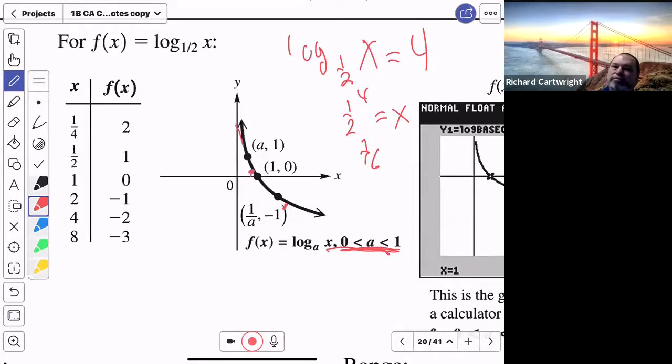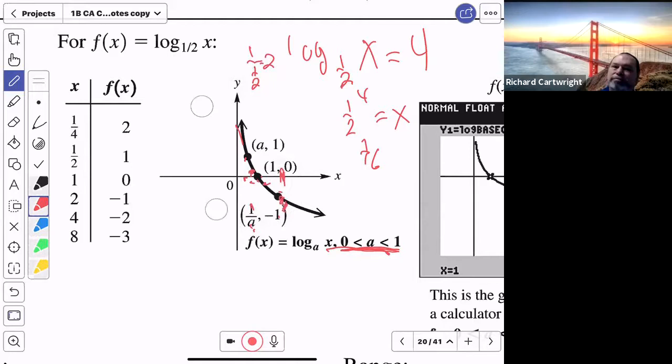So if you go 1/2, it would be this problem right here. See, if my a is 1/2, at 1/2 I go up to 1. At 1 I'm at 0, and at 1 over 1/2, which is actually a 2, that gives you 1 over a will give me a 2. There's my third point.